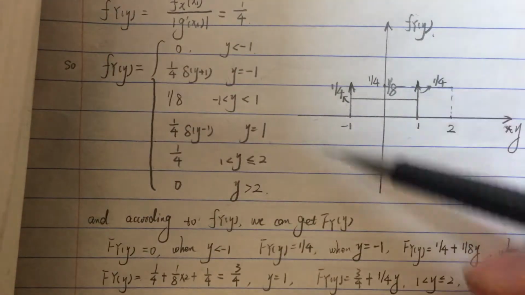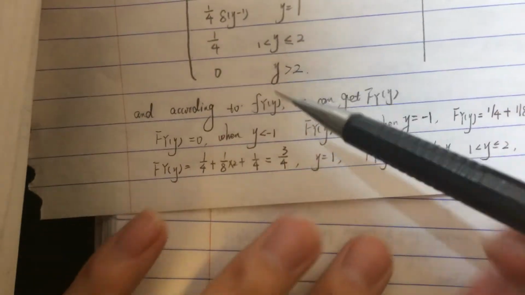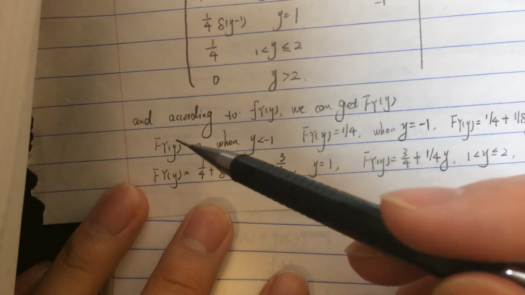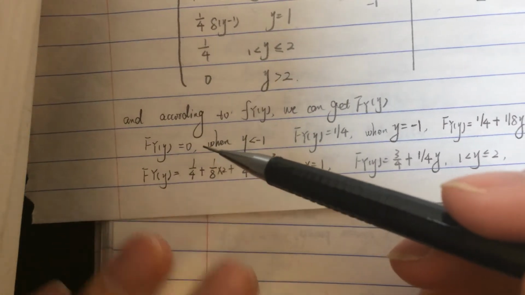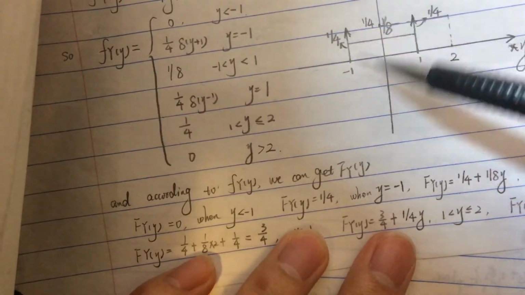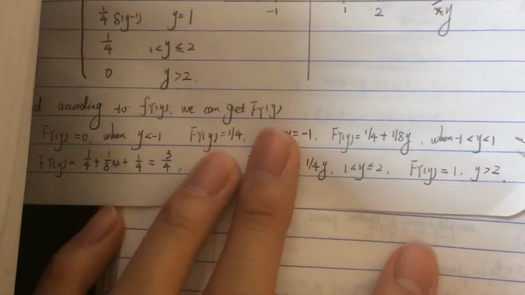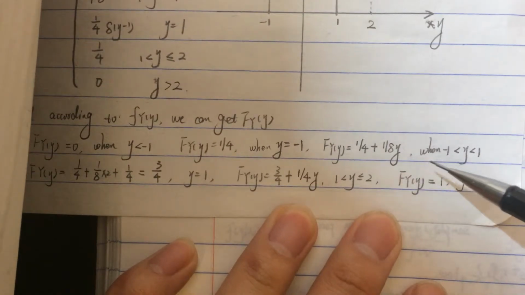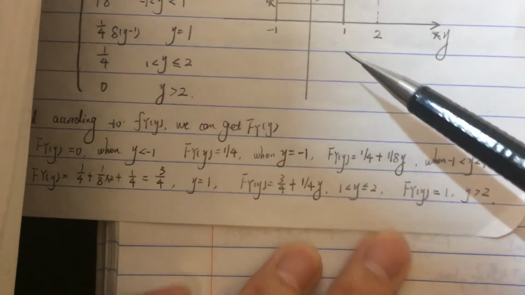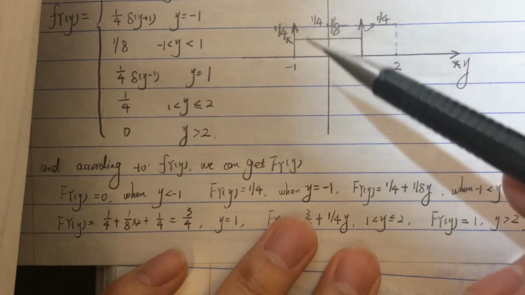And according to this graph, we can get that when y is smaller than -1, capital F_Y(y) will equal 0, and when y is equal to -1, at this point, capital F_Y(y) will equal 1/4, and when y is larger than -1 and smaller than 1, the value for capital F_Y(y) will be 1/4 plus the integration in this region.